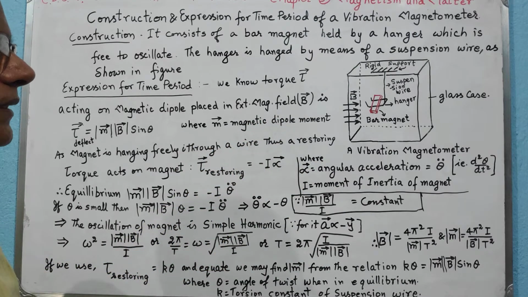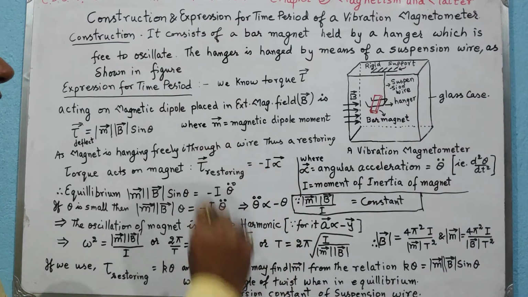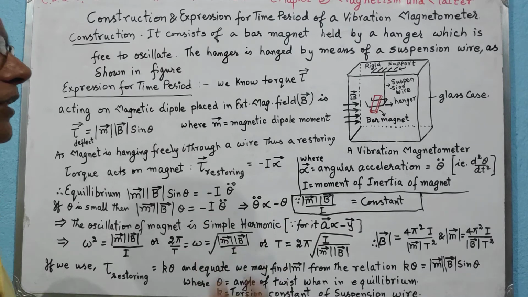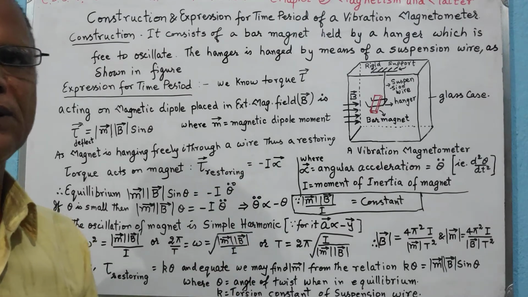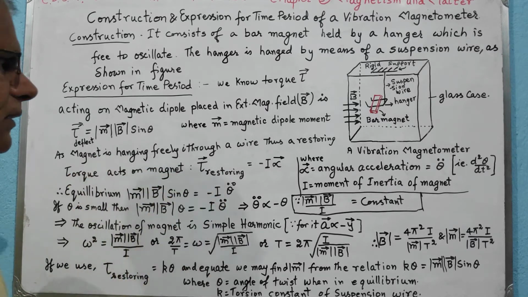Due to the elasticity of the wire, it will tend to restore, and therefore a restoring torque acts on the magnet, which is equal to I alpha. We have learned about it in class 11. Now in equilibrium, the restoring torque and the deflecting torque must be equal.